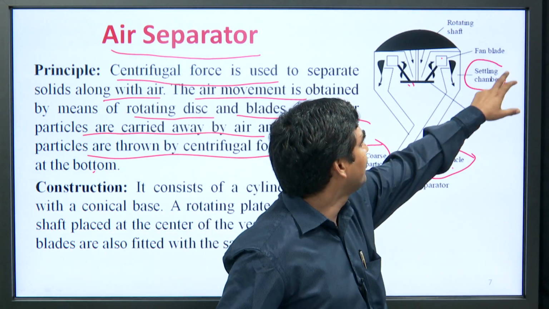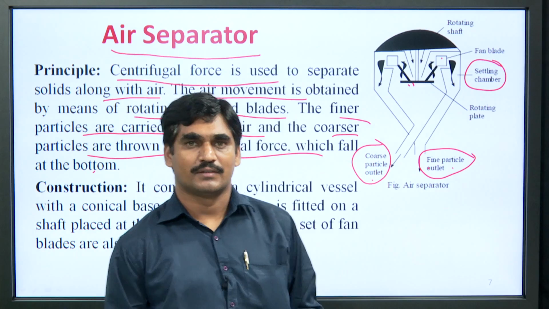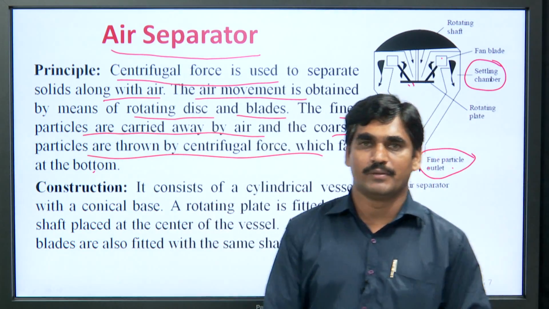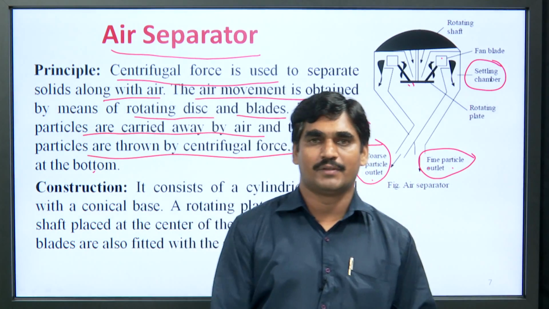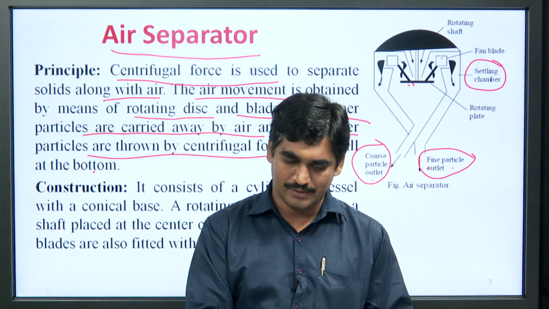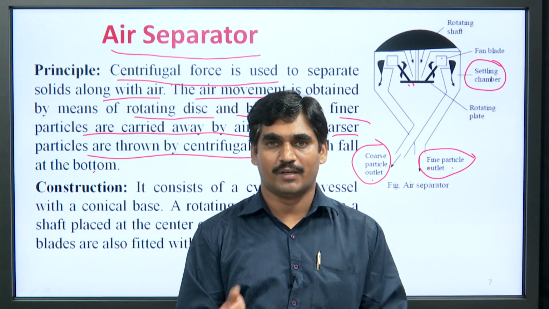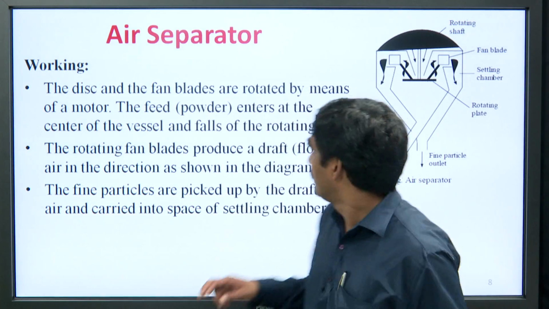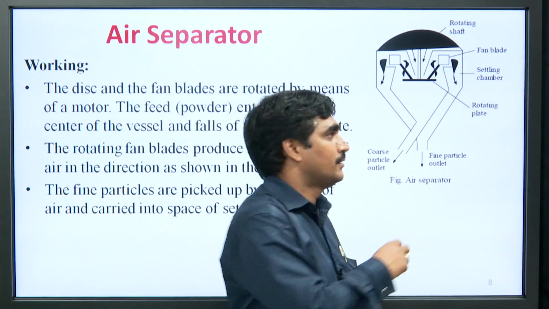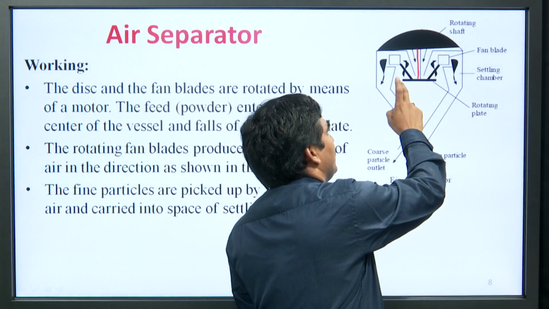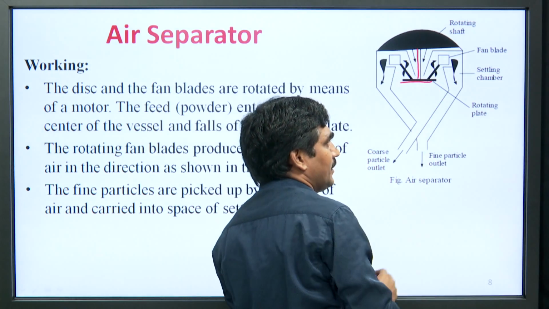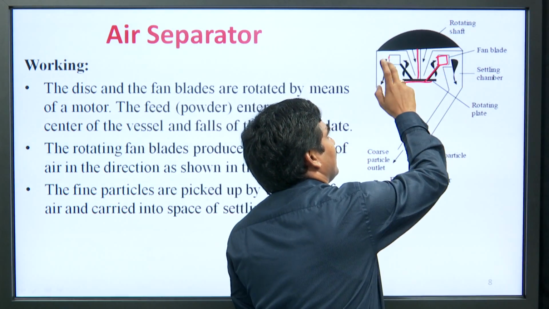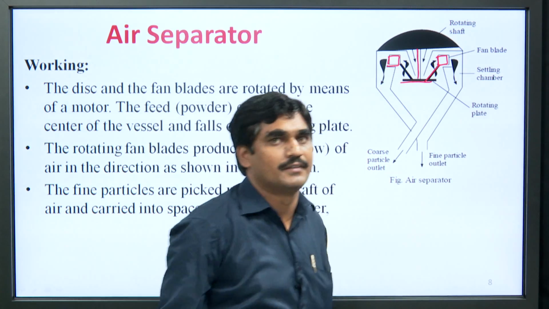One settling chamber is also attached to this apparatus. It consists of a cylindrical vessel with a conical base, and a rotating plate is fitted on the shaft, which is placed at the center of the vessel. A set of fan blades is also fitted to the same shaft. So, this is the central shaft to which the rotating plate is connected, and to this rotating plate fan blades are attached on both sides.